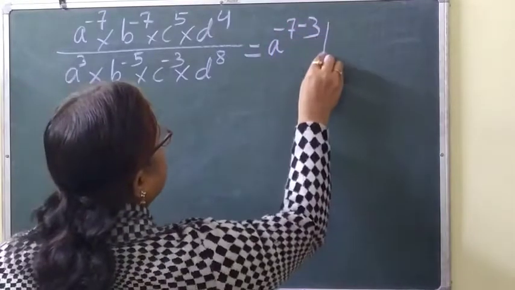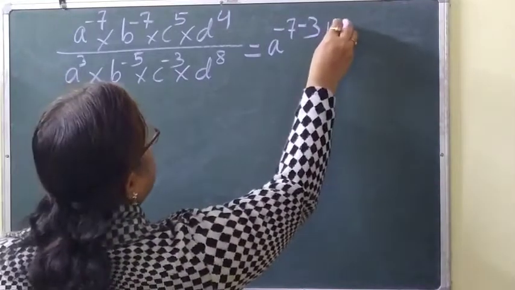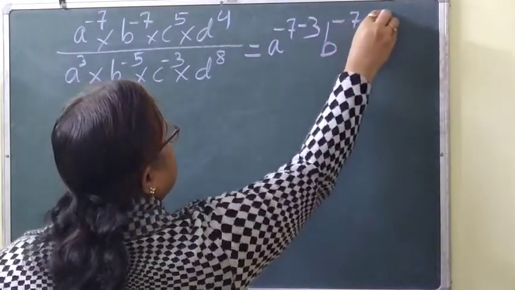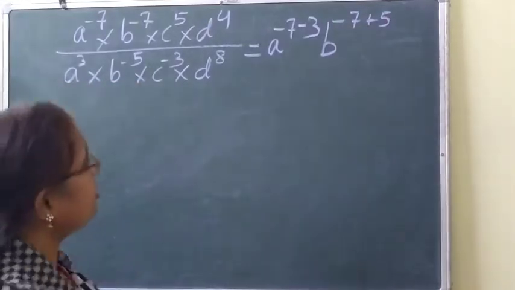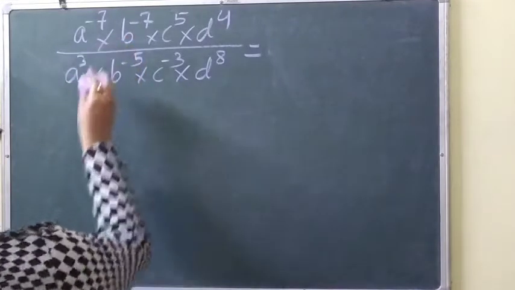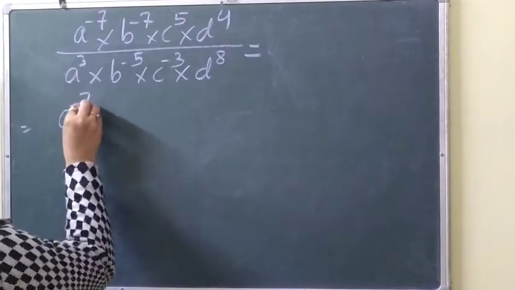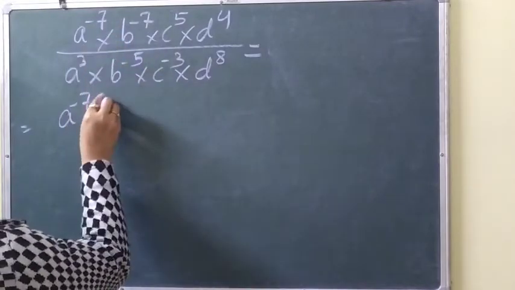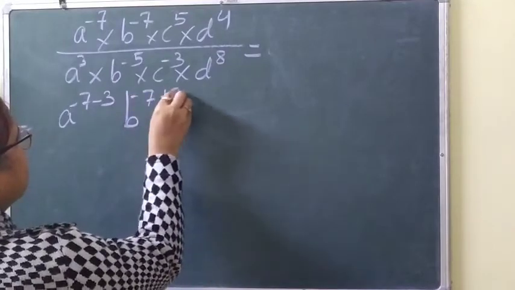Then b to the power minus 7 plus 5. Clear? Of course, I am not getting enough place here, so it's better to write it here. First, a to the power minus 7; this will come up minus 3. Then b to the power minus 7 plus 5.